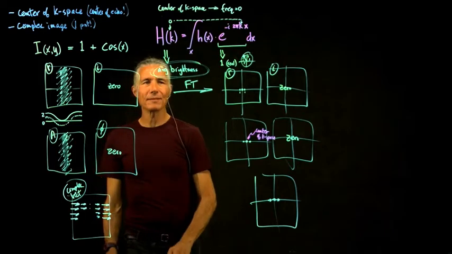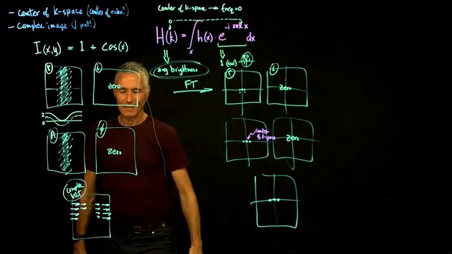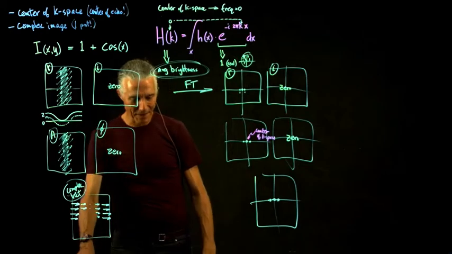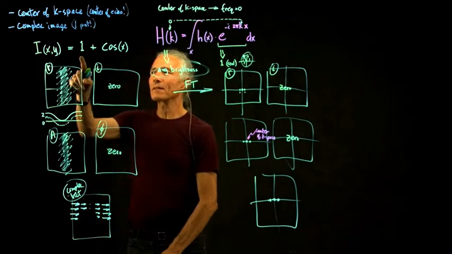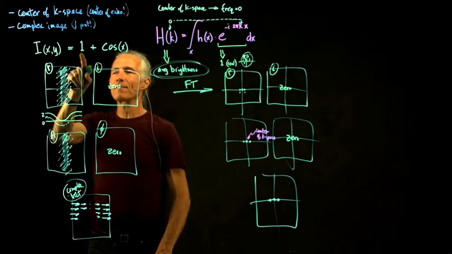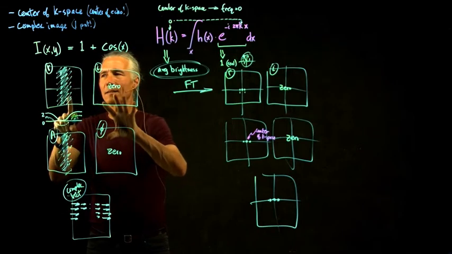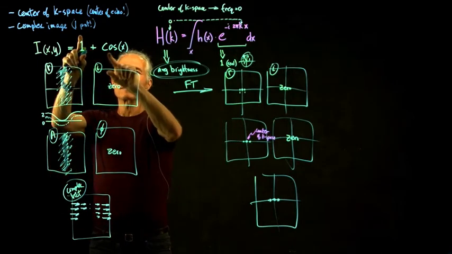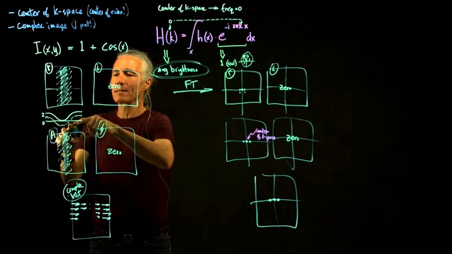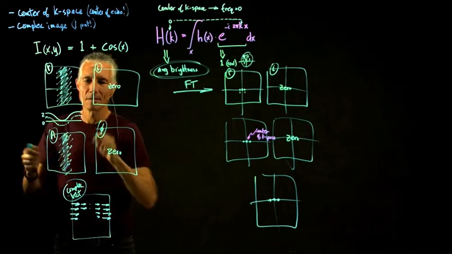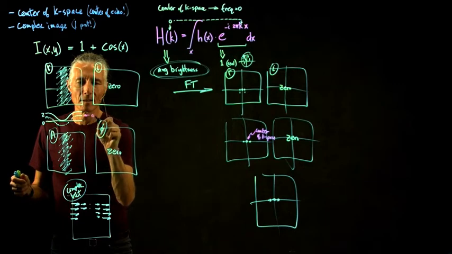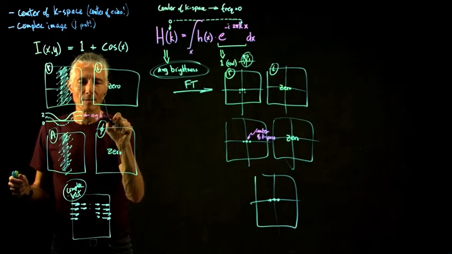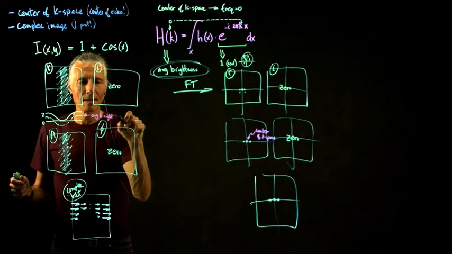Okay, so that was the center of kSpace. In the very first version of looking at an image and its Fourier transform, we just left out the center one, in which case the average brightness equals 0. So this guy here, average brightness equals 0.